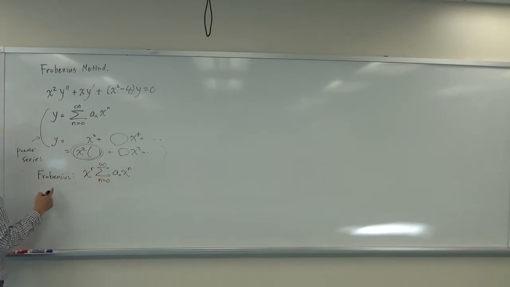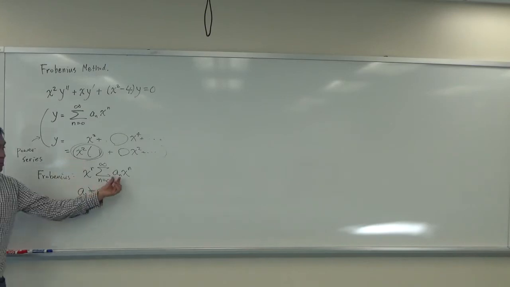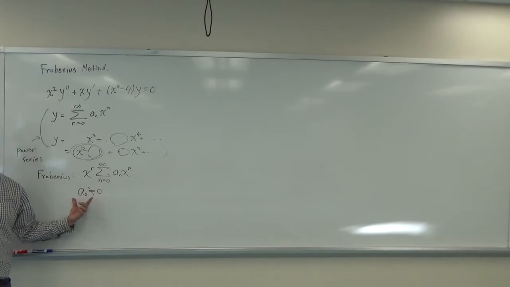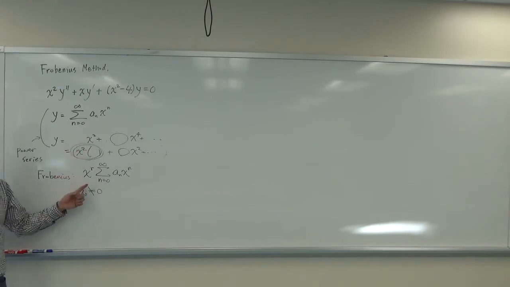So Frobenius is saying that we want to look for a solution like this, with a0 being the first non-zero term. You see what I'm saying? You're looking for a solution of this form, such that the very first coefficient that appears is non-zero. That's the important part, okay? So here x squared is the first thing that's non-zero, so that will be your r. Is that all good? Okay.